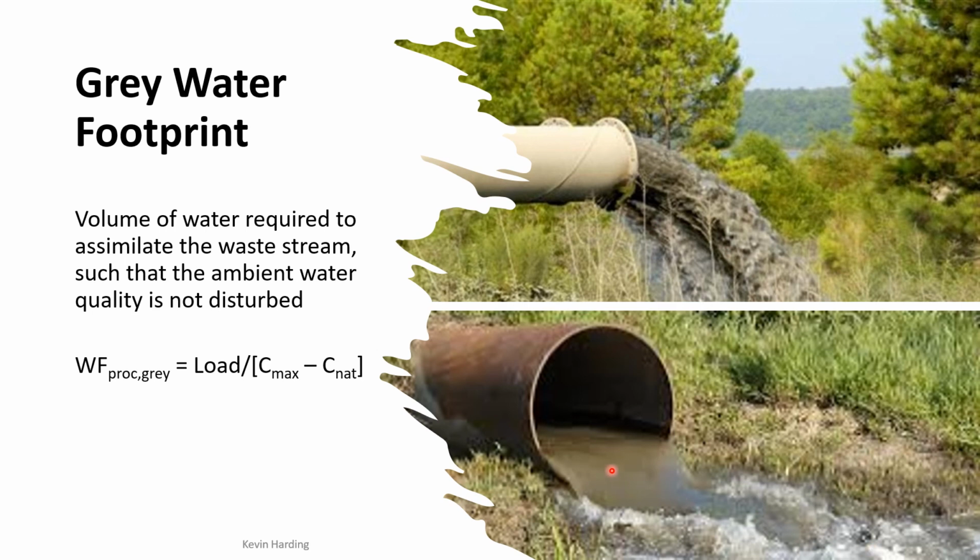What the gray water footprint is that if you are polluting something, before we polluted it, what was the concentration in our lake, in our dam, in our wherever we are sending this dirty water? What is the pollution there?